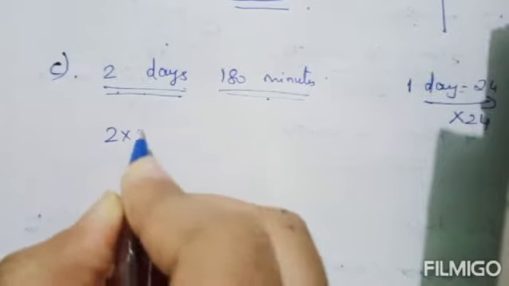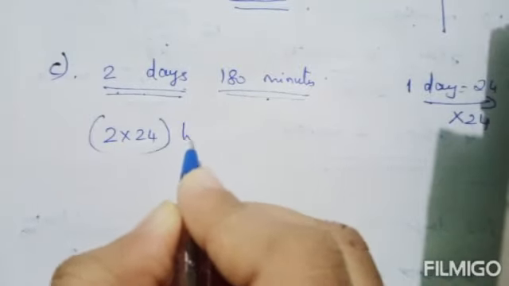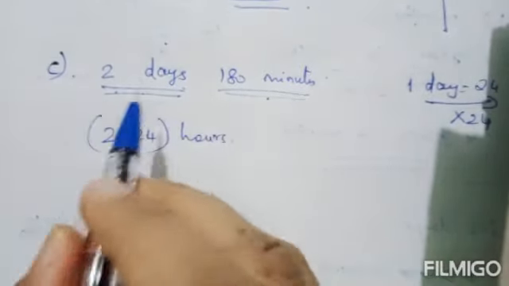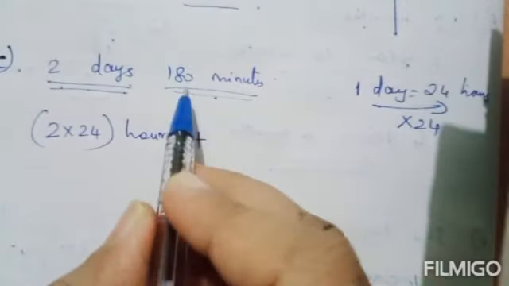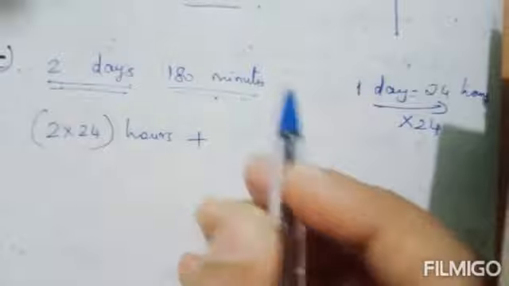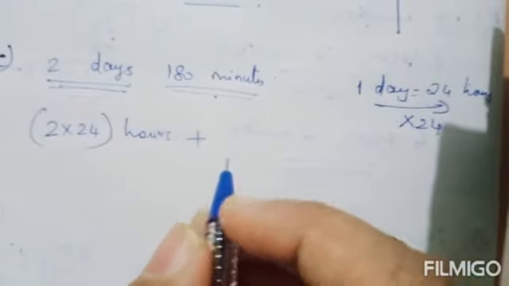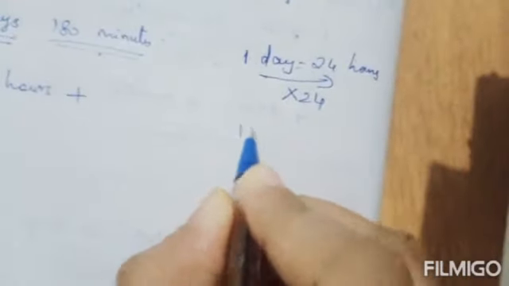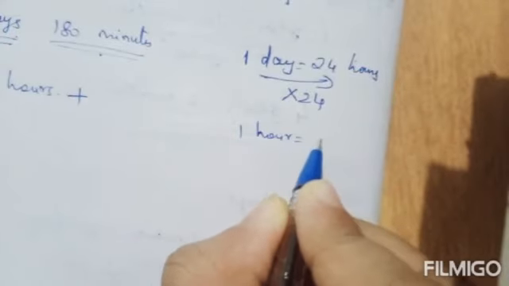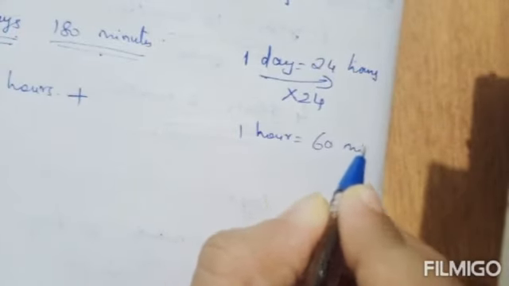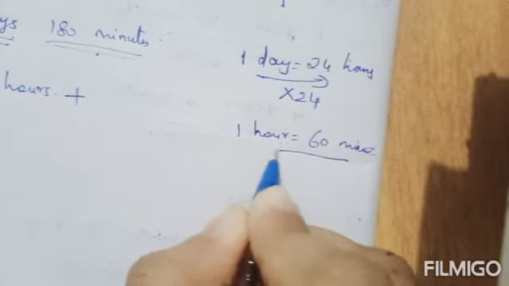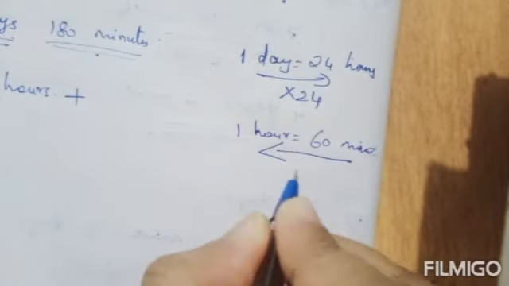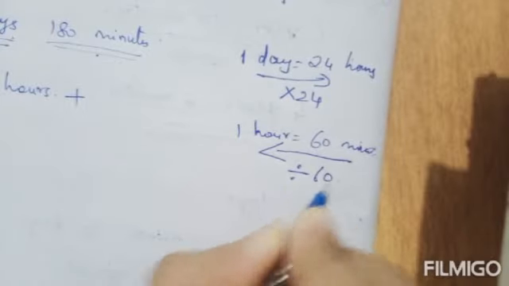It is 2 into 24 hours plus 180 minutes. How can we convert to hours? We know the relation 1 hour equal to 60 minutes. Okay, so in order to convert minutes to hours, just divide by 60.